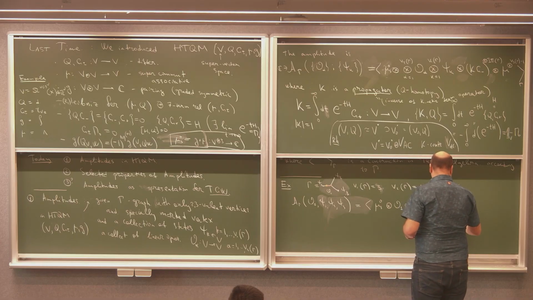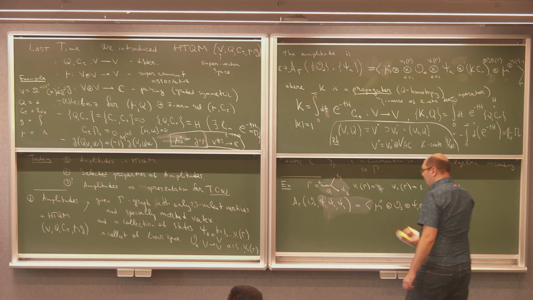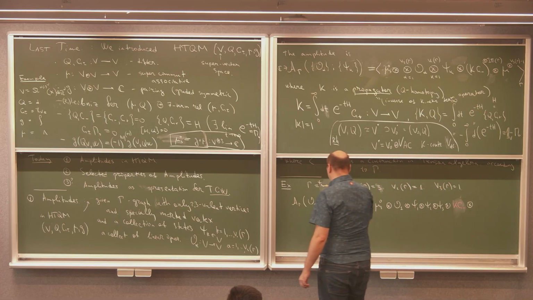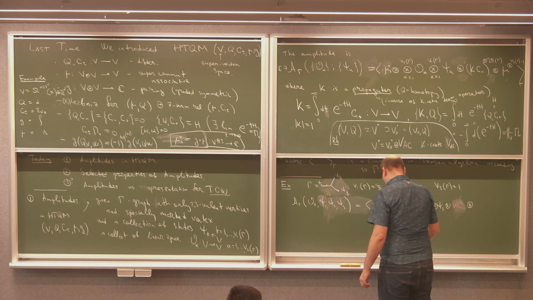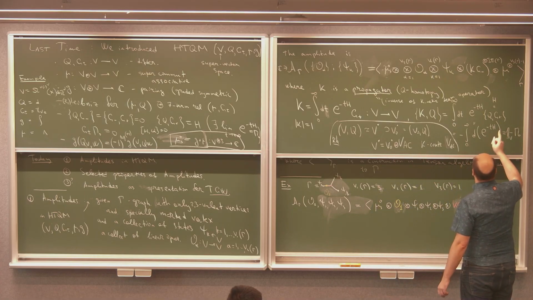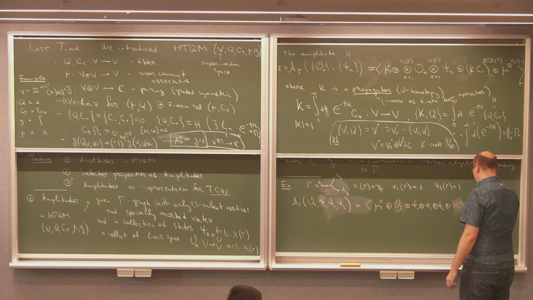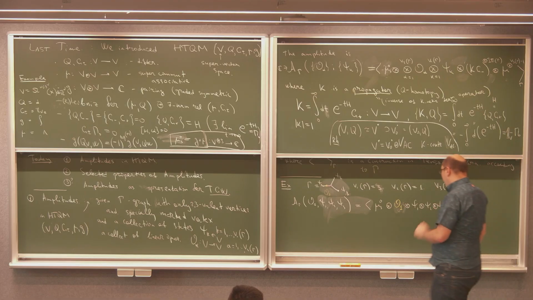Let me use different colors: K minus, and let me color this operator O1 yellow. That's all. We don't have any other three-valent vertices.